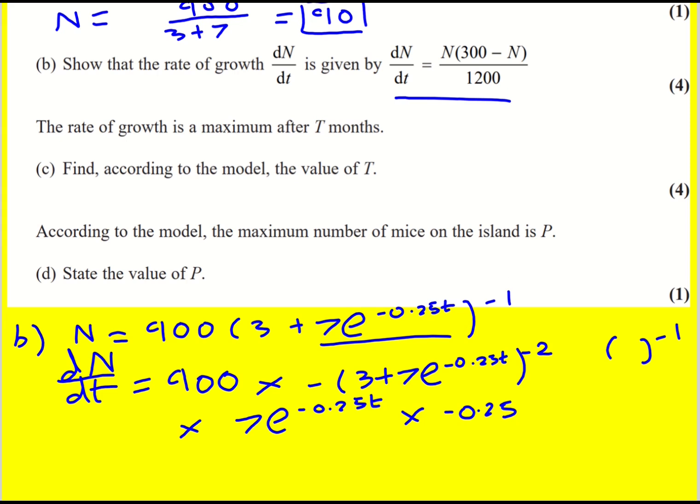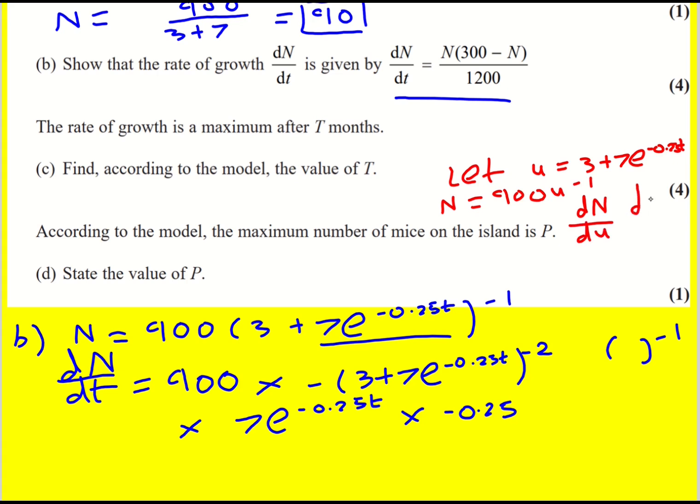If you prefer, you can let u equal 3 plus 7 e to the minus 0.25t, and then n would equal 900 u to the minus 1. And then you can do dn by dt is dn by du times du by dt.